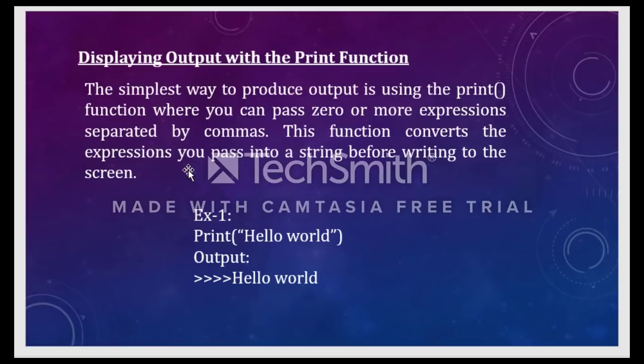Next, we are now going into some basic programming concepts. Generally, any software program is based on the concept of input, processing, and output that we learned in the previous class.